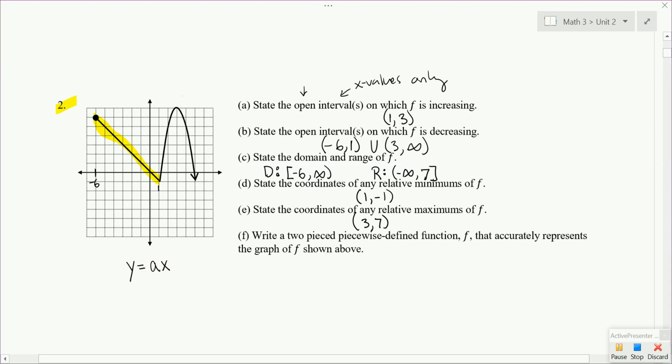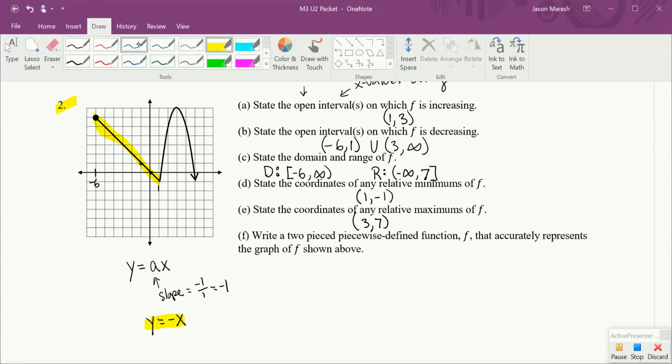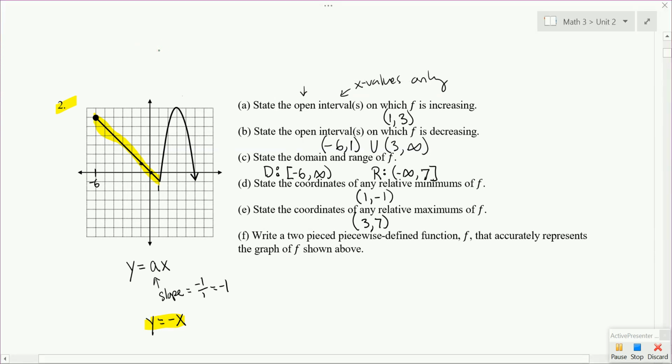That number is a slope, and if you take a couple points, you could see down one, right one, so the slope would be negative 1 over 1 or negative 1. So y equals negative x is the graph of the highlighted one in yellow. It does have a restriction, but I'm going to come back to that restriction.